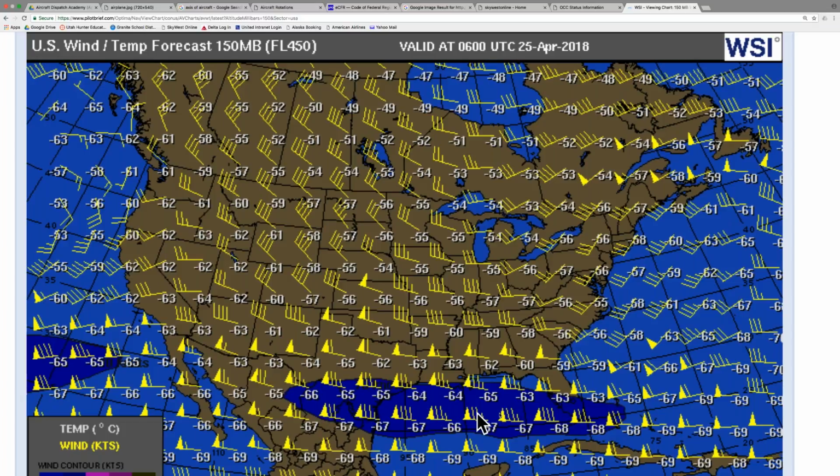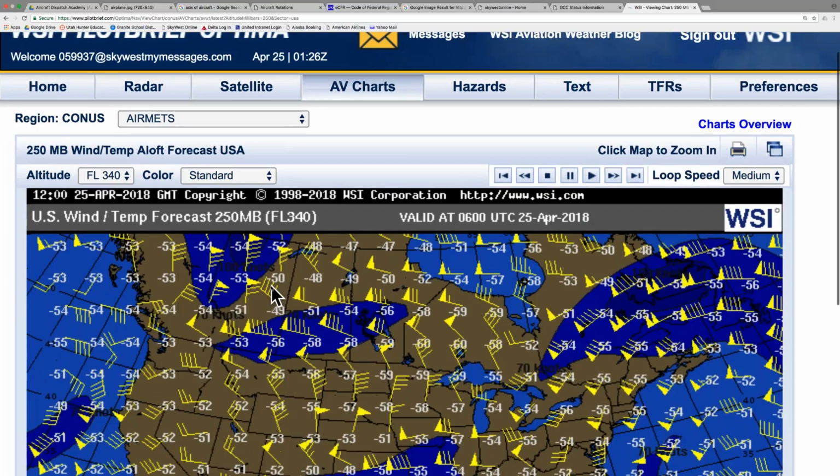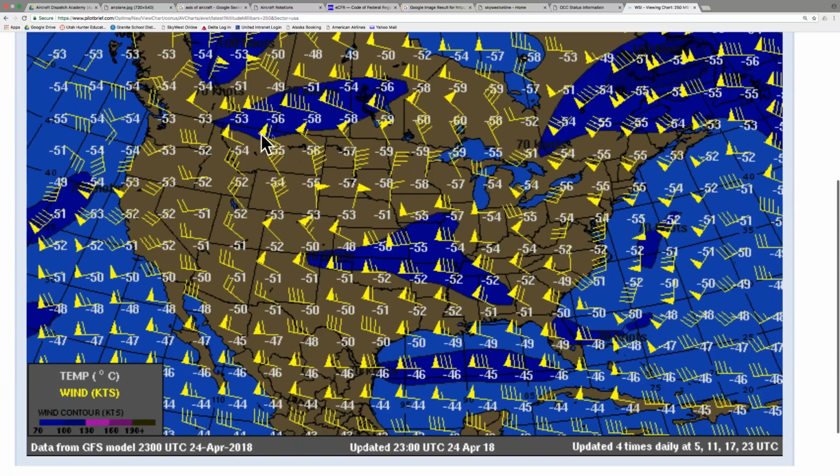We can see these areas of higher speed winds. As we select these different altitudes, a lot of our flights are going to be more in this altitude range. You can see that the winds change and do different things. You can also see where the jet stream is at those altitudes.